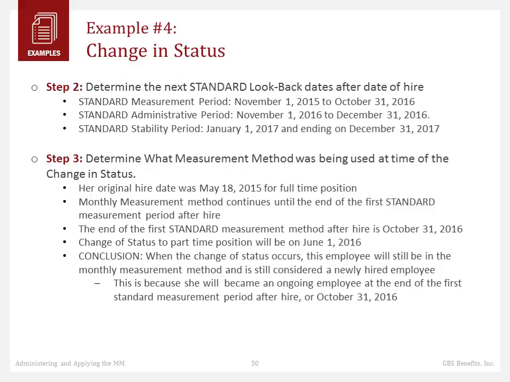So the conclusion is, when the change in status occurs, the employee will still be in the monthly measurement method and is still considered a newly hired employee. This, of course, again, to repeat, is because she will become an ongoing employee only at the end of the first standard measurement period after hire, or specifically on October 31st, 2016.